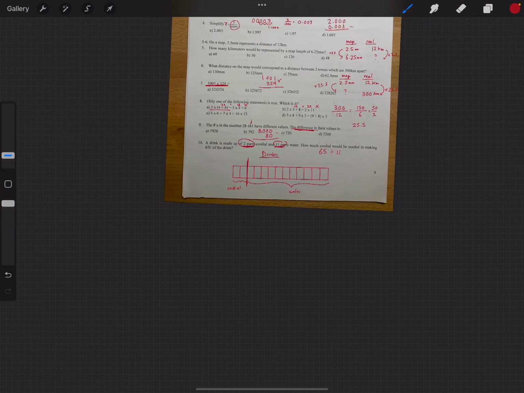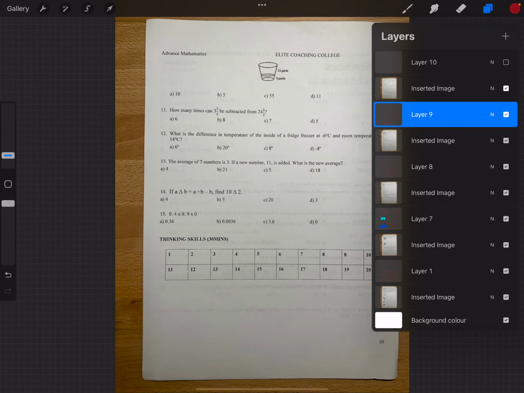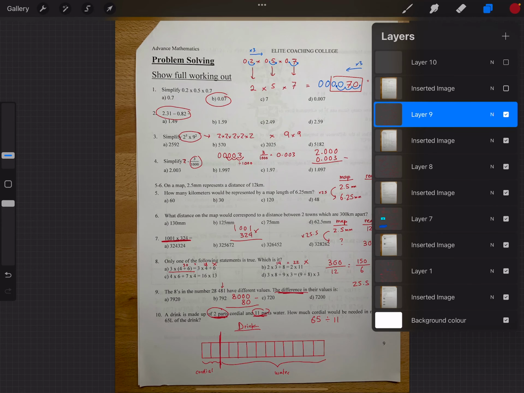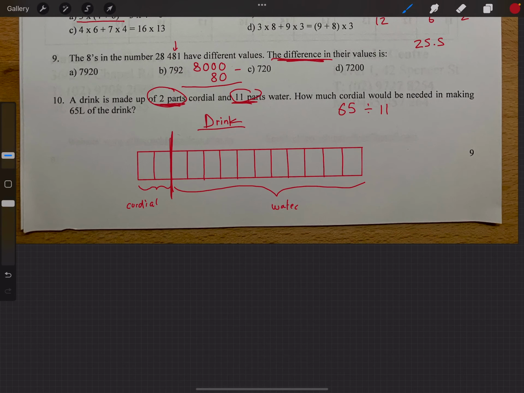Is it really 65? Let me check. Alright, so 65 divided by, oh, not 11, sorry.